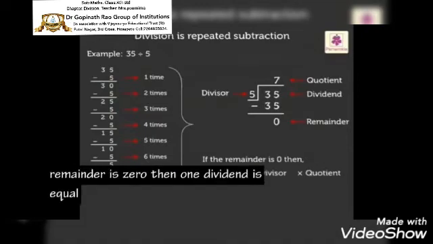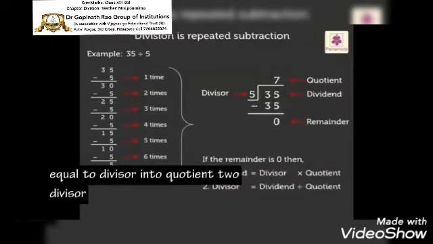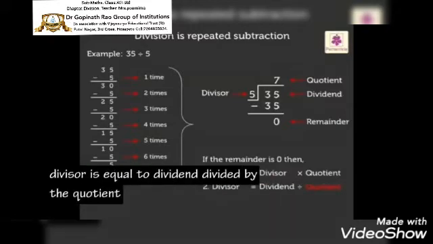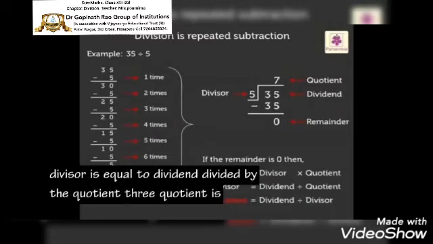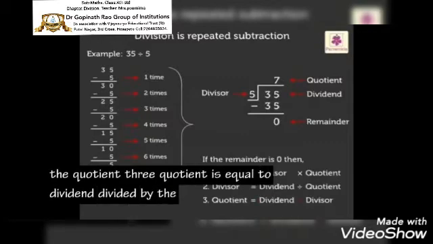Dividend is equal to divisor into quotient. 2. Divisor is equal to dividend divided by the quotient. 3. Quotient is equal to dividend divided by the divisor.